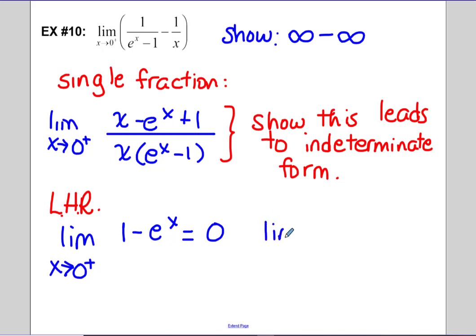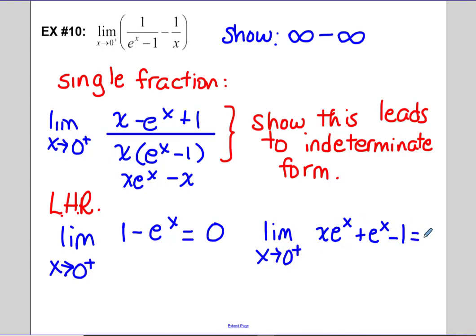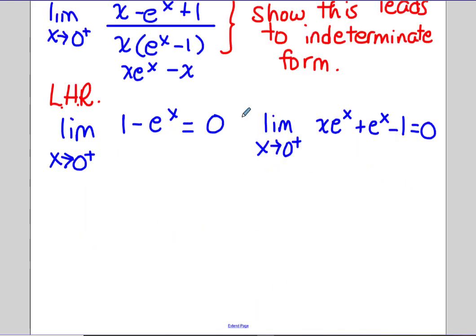And if we take the limit of the derivative of the denominator, this would be x e to the x minus x, so this derivative would be x e to the x plus e to the x minus 1, and substituting 0 there would also give us 0. So we could show that L'Hopital's rule the first time is also indeterminate form, and we want to use L'Hopital's rule again here.